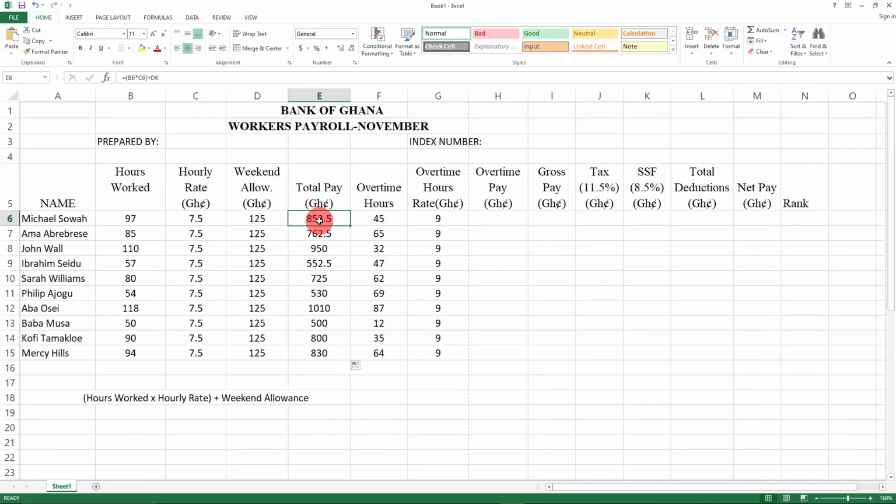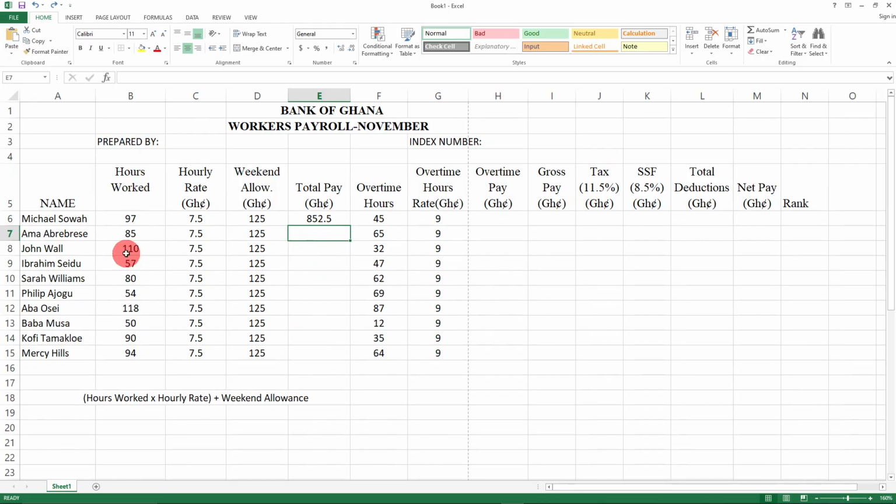So if you want to go by this, you have to use the second option. But if I am the one doing it, I will just do for the first one and drag it down. I don't have to do for all. But once we are learning, we have to do for all, because I don't want to confuse you.